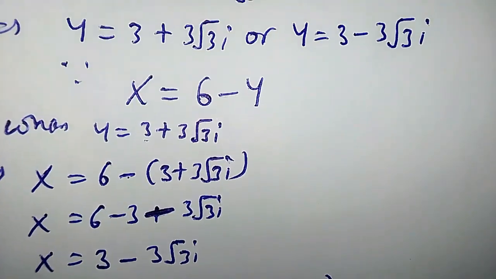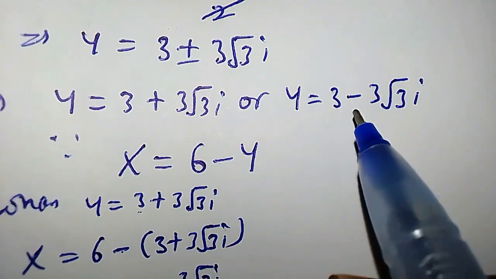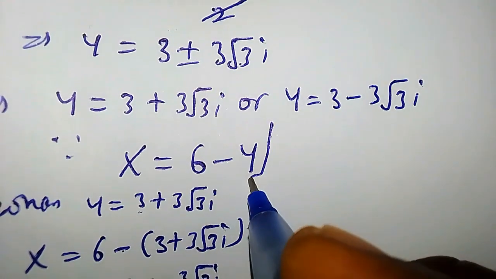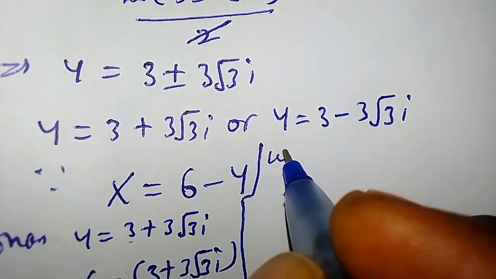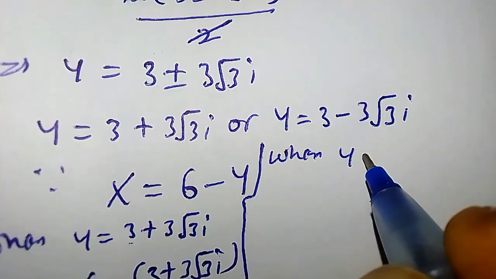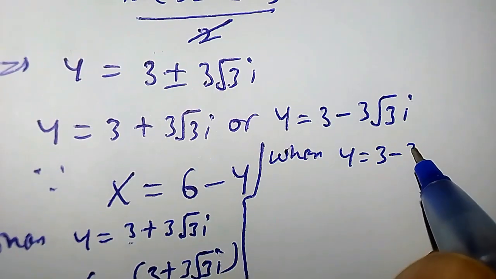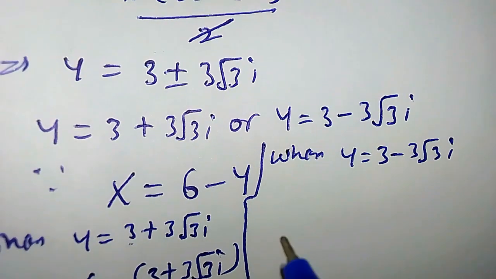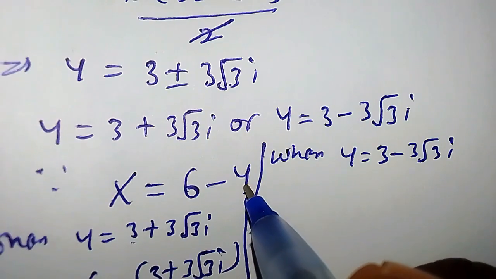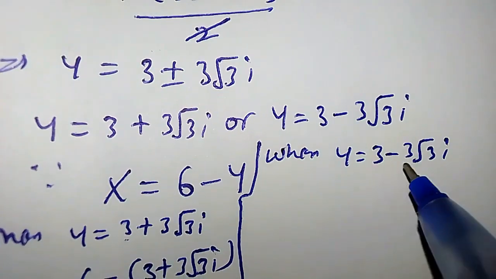Now, let's consider the other value of y, which is this. When y is equal to 3 minus 3 root 3i, we just have to replace this particular y with this.